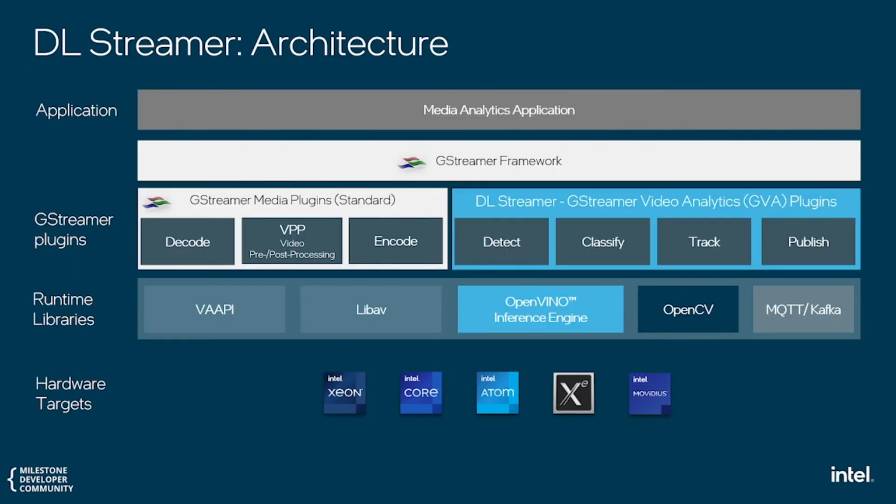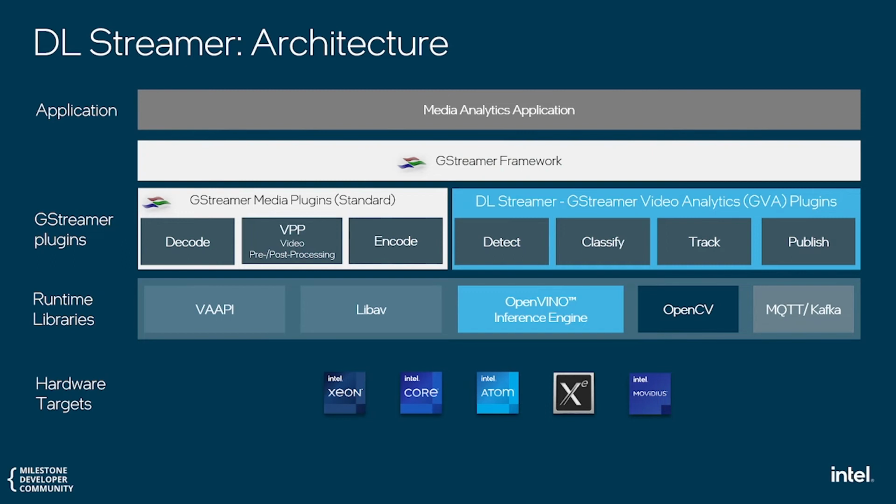Let's go into a more detailed picture in order to understand how DL Streamer works and how the software stack in DL Streamer is organized. DL Streamer is based on the standard GStreamer open source framework, which allows DL Streamer based applications to construct a flexible pipeline utilizing a rich set of standard GStreamer elements and new components provided by DL Streamer called GVA plugins.